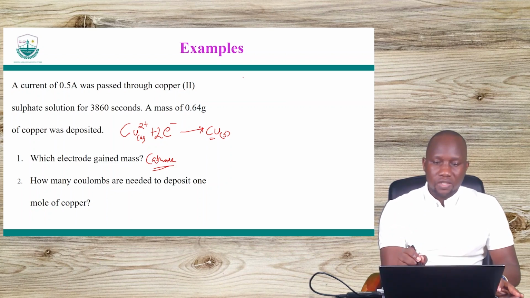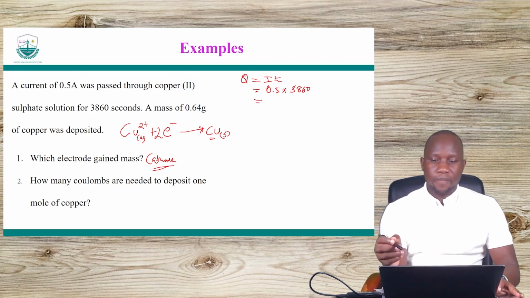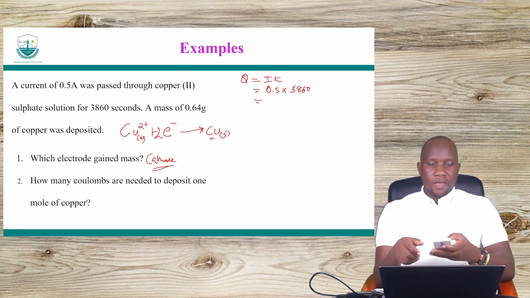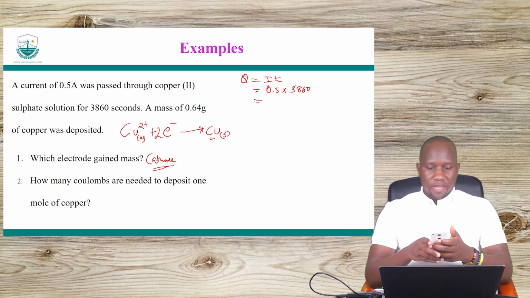So the quantity of electricity passed is equal to I times t, and here you have 0.5 amperes times the time. The time is given in seconds, so you don't need to convert it further.